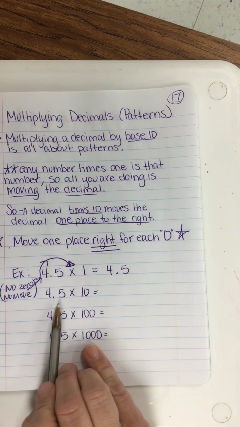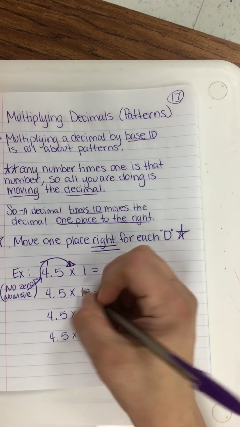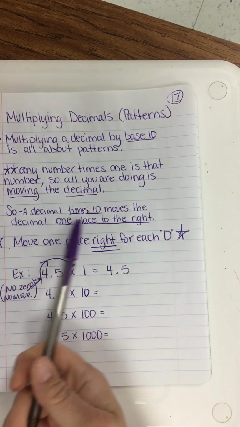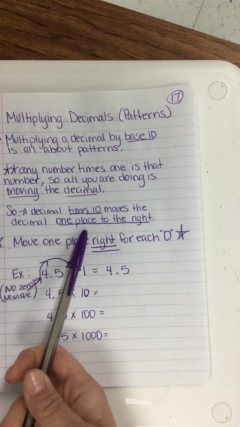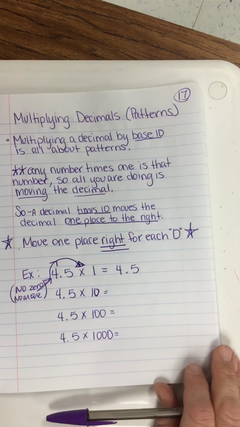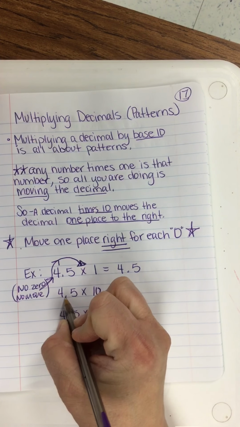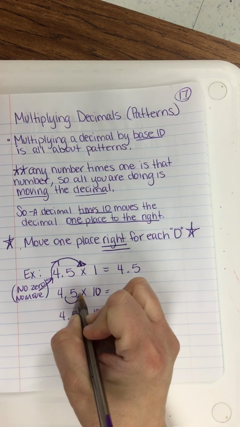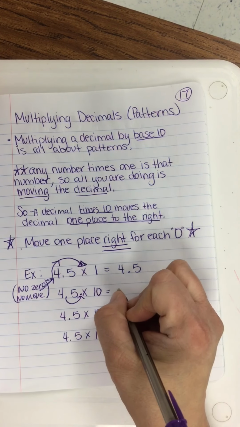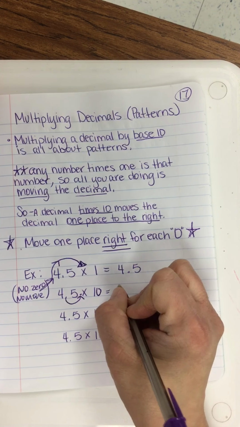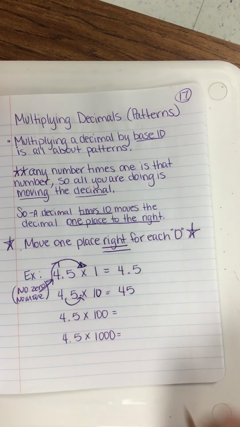Times 10 moves the decimal one place to the right. I'm going to move this decimal one place to the right, and it is now at the end. So 4 5/10 times 10 equals 45.